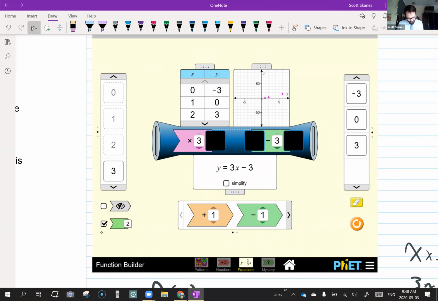Okay, so if this is the graph, what kind of function is this? Well, if I was to continue this pattern, it should be a linear function, should be a straight line. Okay, this is the idea.